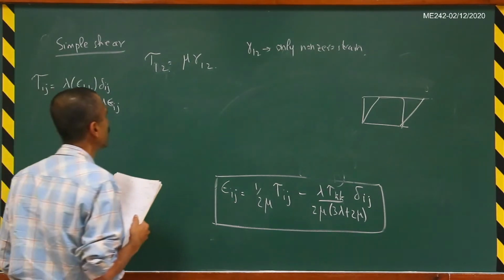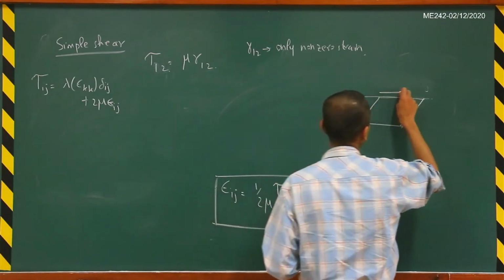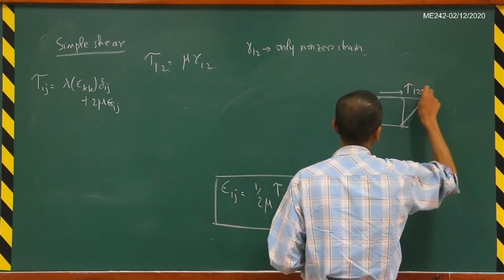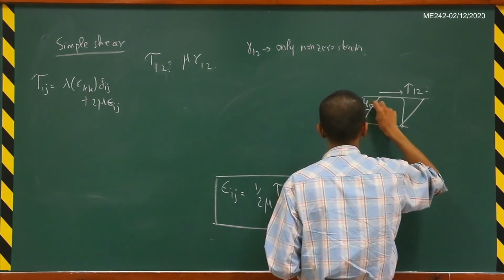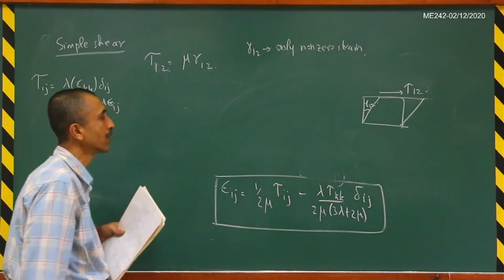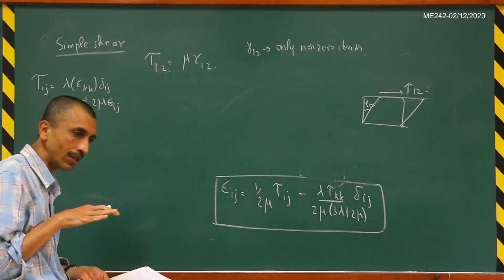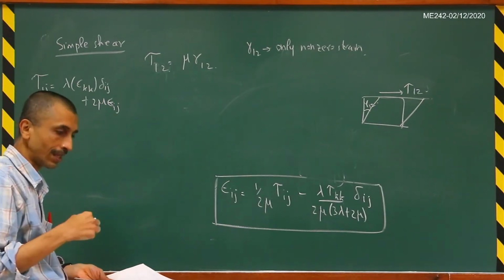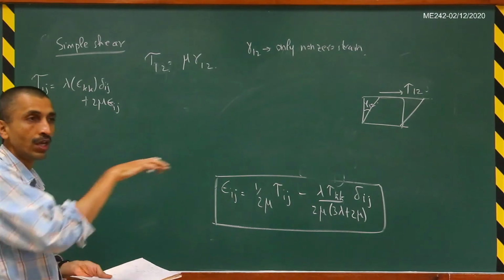Now you can see that if I apply a shear stress tau 1, 2, then you would expect that this is, let's say, your gamma 1, 2. Physically, we can interpret this as gamma 1, 2. If I try to shear a block in this particular direction, then this angle will be positive, right?